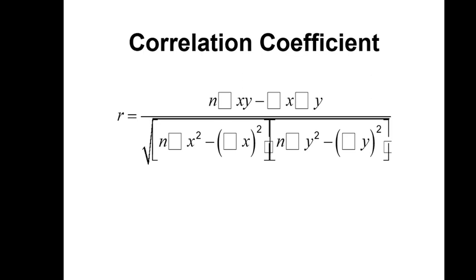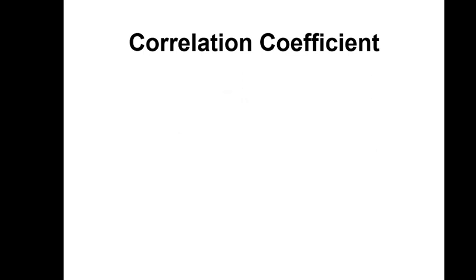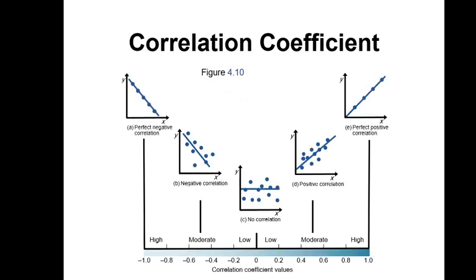Now, as you can see here, if R is equal to +1, to the right, then we have a perfect positive correlation.